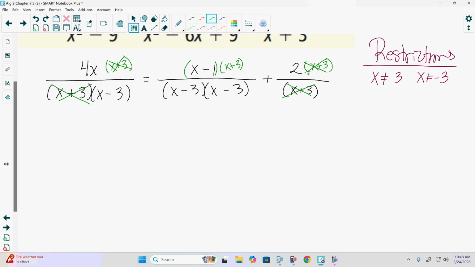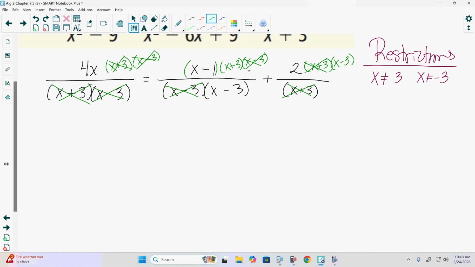What else do we need to multiply by? X minus 3. So we can multiply everything by x minus 3. On the far left, the x minus 3 over x minus 3 will cancel out. In the middle, x minus 3 over x minus 3 cancels.